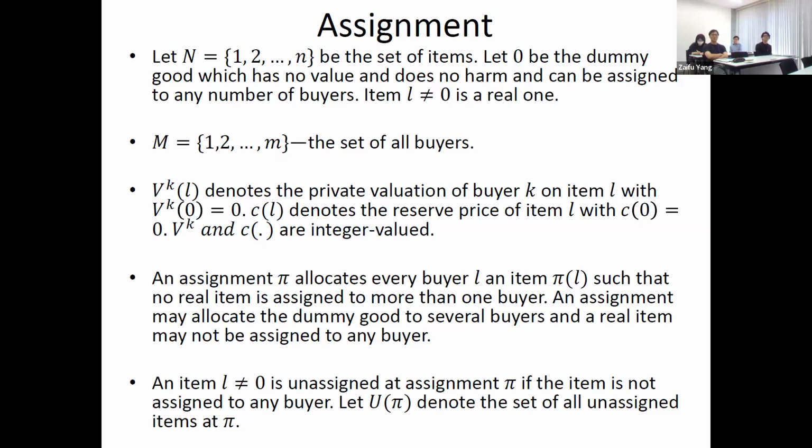And here, we use a capital V_kl to denote the valuation of buyer k on the atom l. When it's a dummy good, then the value, of course, is 0. And then we use c_l to represent the reserve price of atom l; when the good is dummy, the value, of course, is 0.